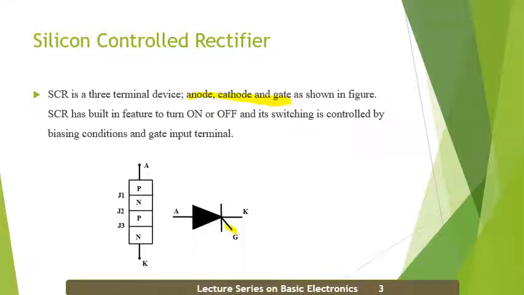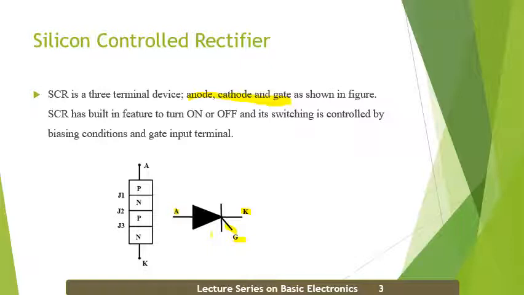The terminal marked A is called the anode, the one marked K is called the cathode, and G is called the gate. When I talk about the diode, we talk about only the anode and the cathode, whereas here we are talking about one more terminal that is called the gate. When we have an extra terminal for the device, it should have some importance. That importance, what it is, we'll see now.